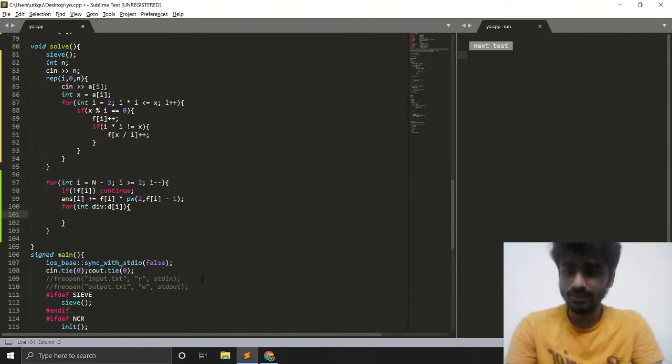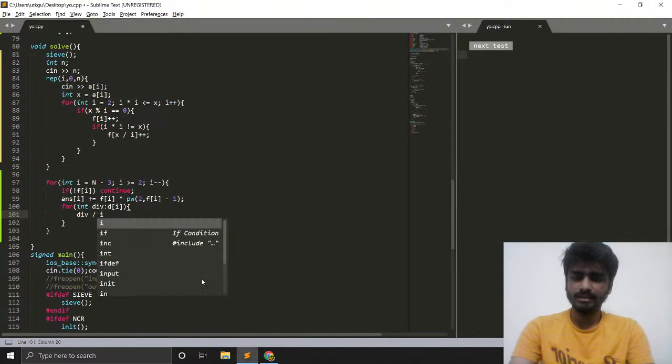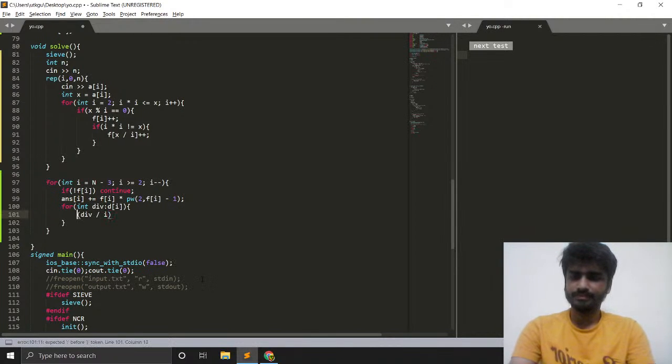So let's see whether we have to add it here or subtract it. That will depend upon the Mobius function. It should be added to the answer of the divisors. And that's how this should work.